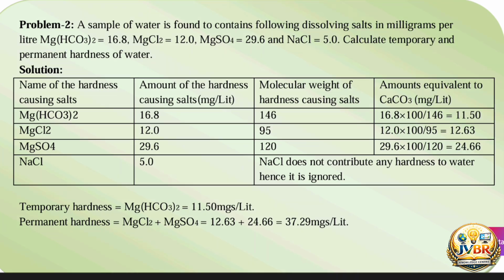In the solution I have given the same tabular form as the previous one. So in the first column, name of the salt; in the second column, amount; third column, molecular weight; fourth column, formula.